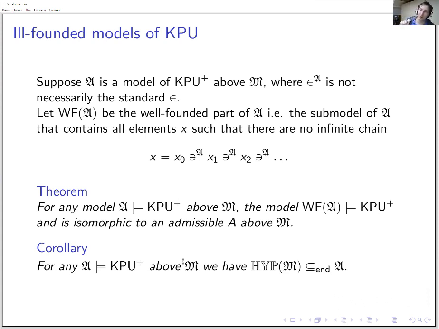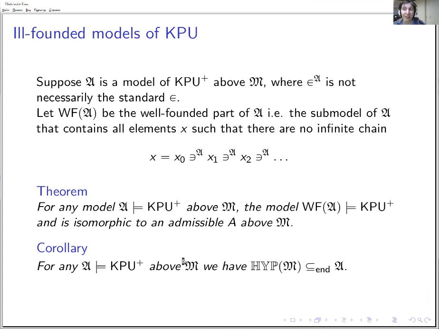So now basically, if you have this sigma one non-collectible function, it will mean that the corresponding functions on ranks will be unbounded in the well-founded part.